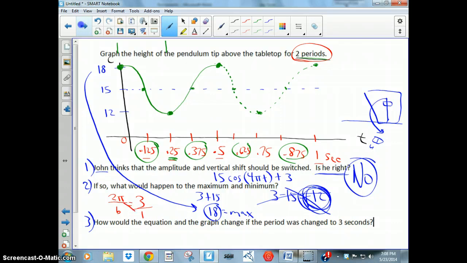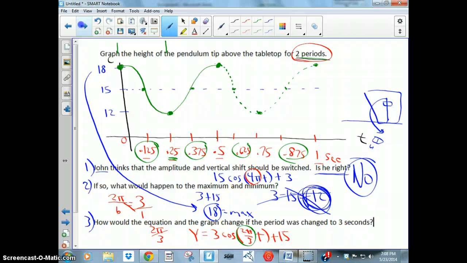So I cross multiply, I'd get 2 pi divided by 3, which would be my new b value. So my equation, y equals 3 cosine 2 pi over 3t plus 15. That would be how my equation would change. This number in green and the green circle would change.